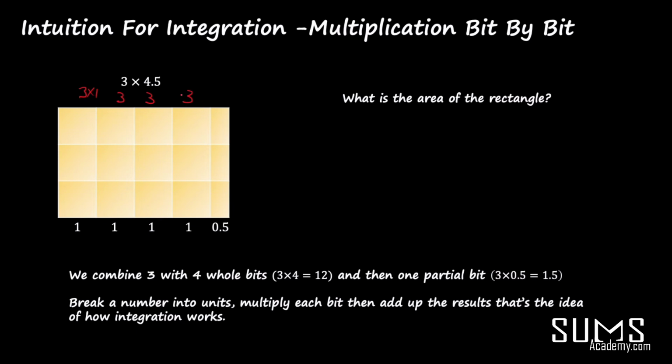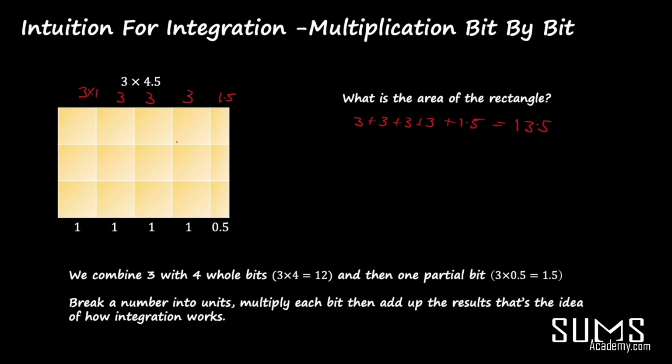And then you have this last one here, which is 3 times 0.5, so this would be 1.5. So this would be 3 plus 3 plus 3 plus 3 plus 1.5, which is going to give you 13.5. So you're adding up all these individual chunks to give you this answer.